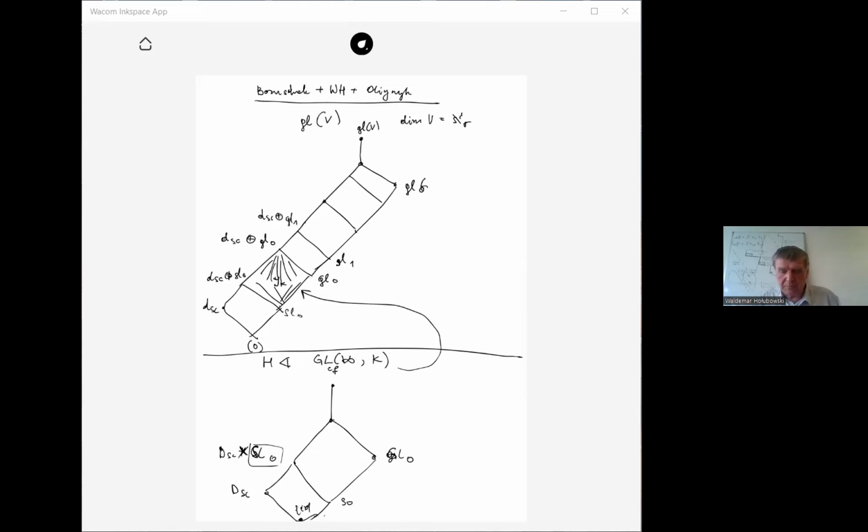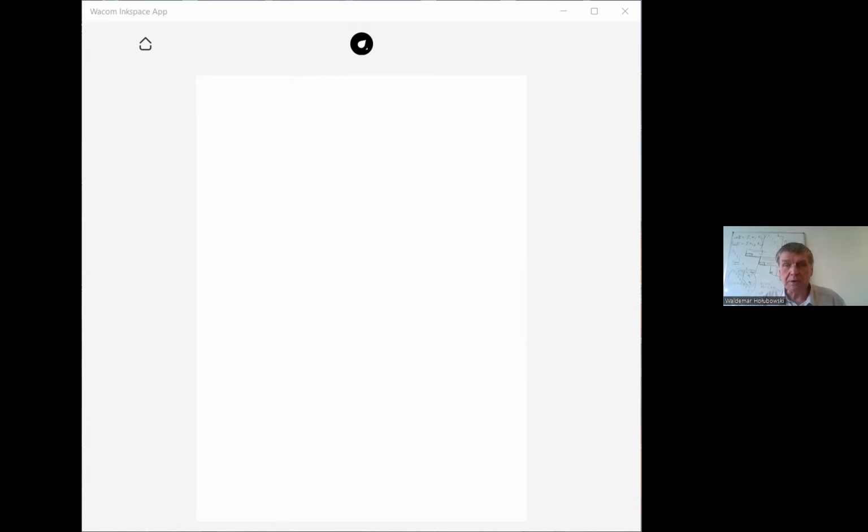And when we look at this situation, we look at the following square, which is most interesting. Here we have GL0 times scalar matrices, here SL0, and here scalar matrices times SL0.